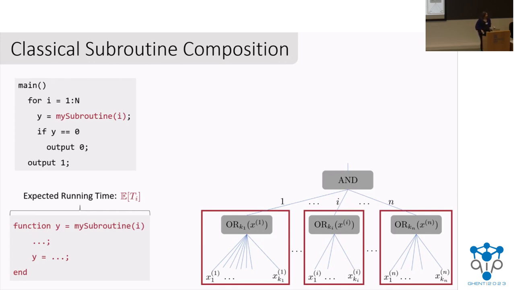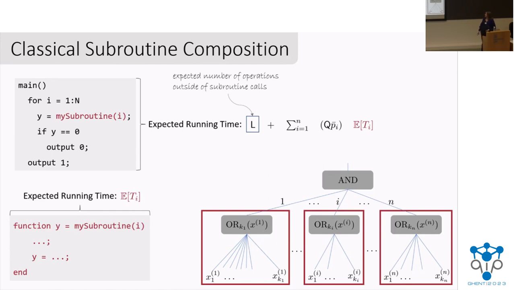Then we can compute the expected running time of the full program like this. Here, L represents the number of operations of the main program that are not involved in subroutine calls. So for example, this comparison of y and 0 here, which is called n times in this particular example.